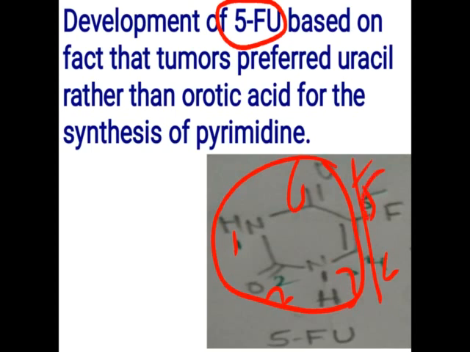So when we attach a fluorine group at the 5th position, the drug becomes 5-fluorouracil. So it has a different structure as compared to uracil.